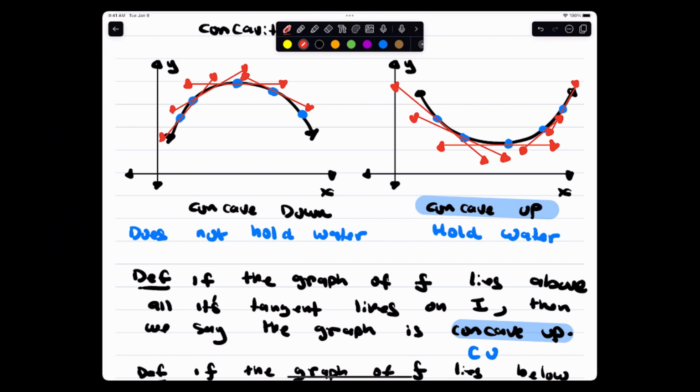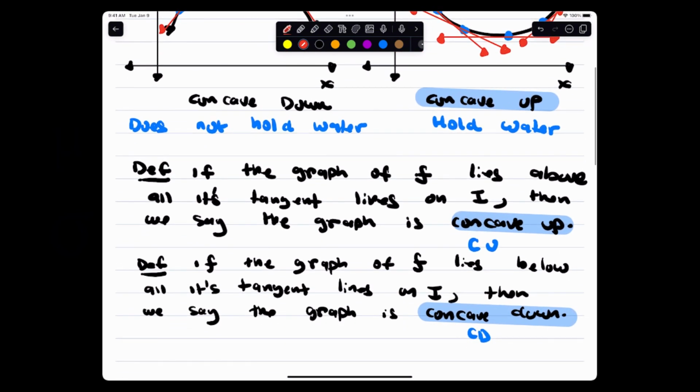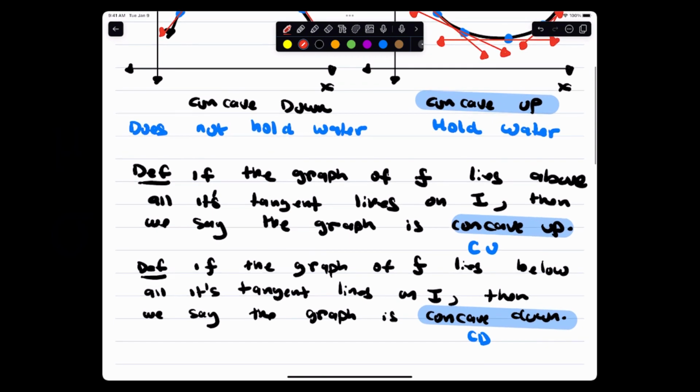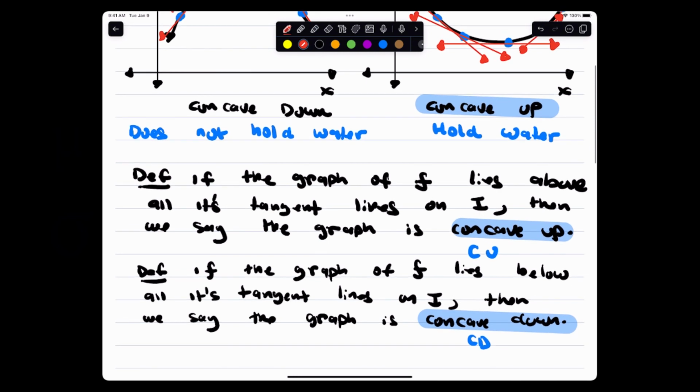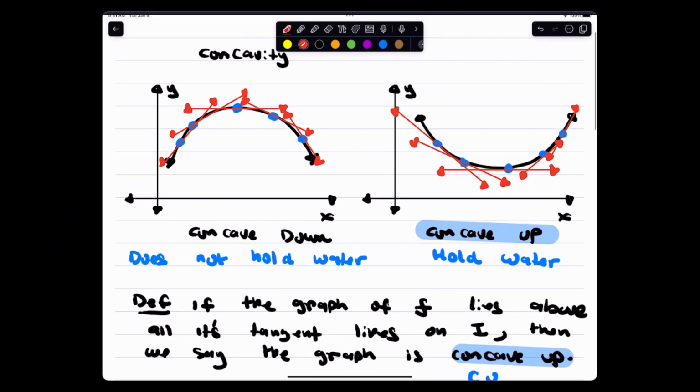So you got these pictures of these tangent lines. All of these tangent lines are above the curve. So when f lies below, the function, the curve, is all below those tangent lines, then we say the graph is concave down, okay? So this is the definition of being concave up, concave down here.